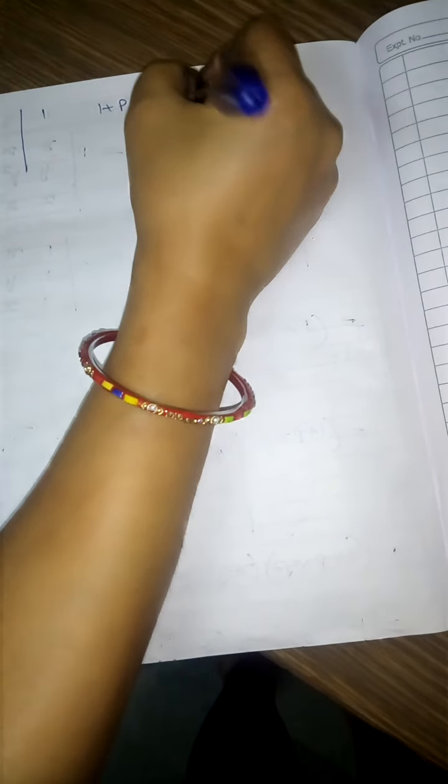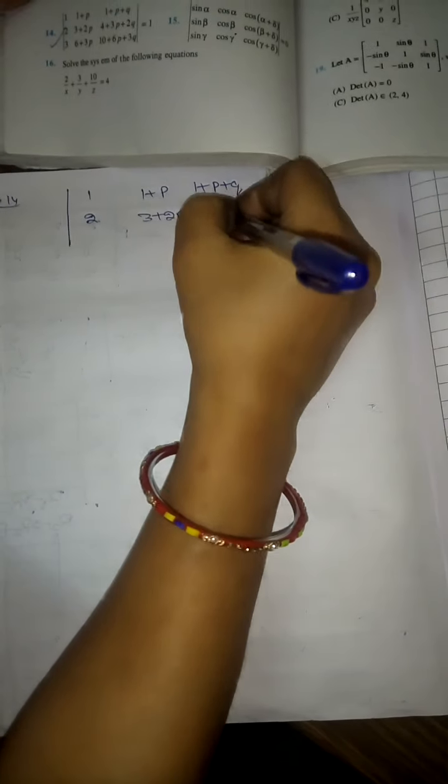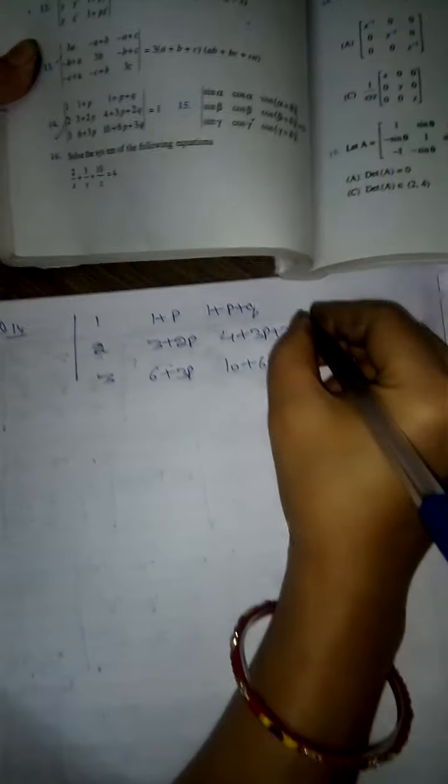Now continue with question number 14. Question 14 is: determinant 1, 1 plus p, 1 plus p plus q; 2, 3 plus 2p, 4 plus 3p plus 2q; and 3, 6 plus 3p, 10 plus 6p plus 3q, equal to 1.